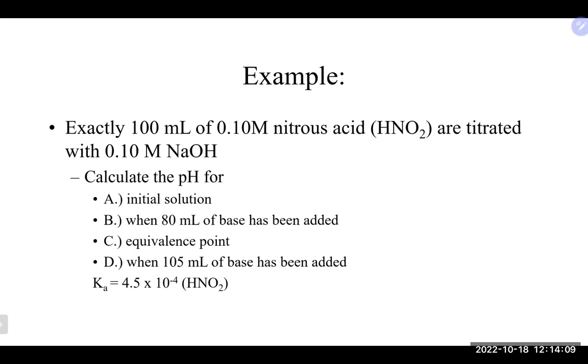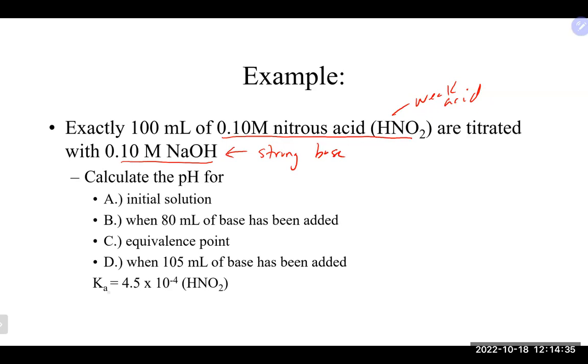So let's take a look at this particular one here. We've got 100 milliliters of 0.1 molar nitrous acid, and we're going to titrate it with some sodium hydroxide. Nitrous acid is a weak base, a weak acid. That'd be better. And sodium hydroxide obviously is a strong base. So this is a titration of a weak acid with a strong base.